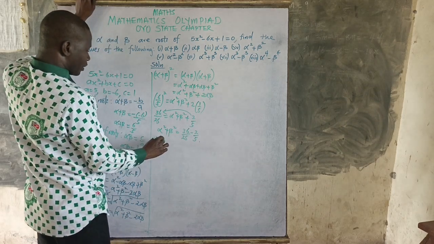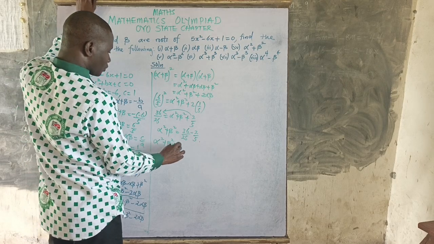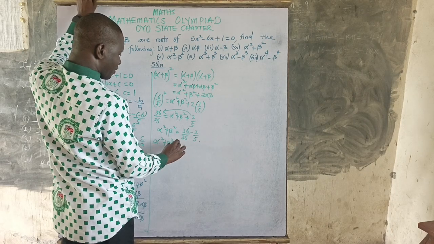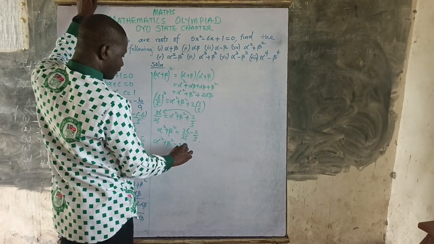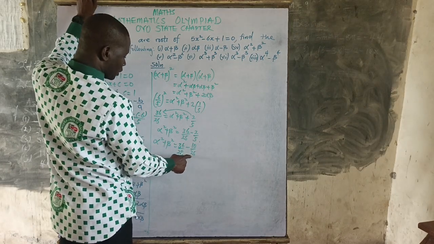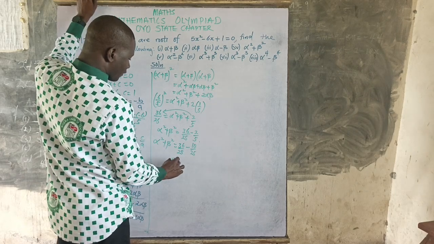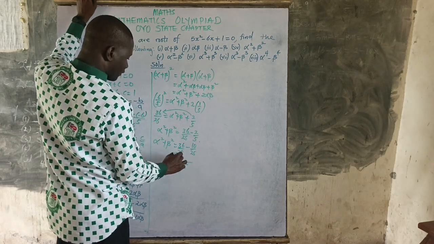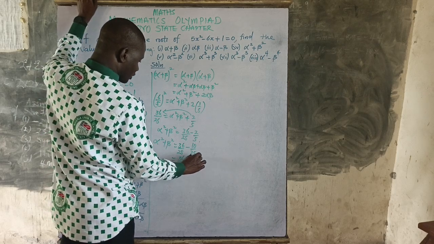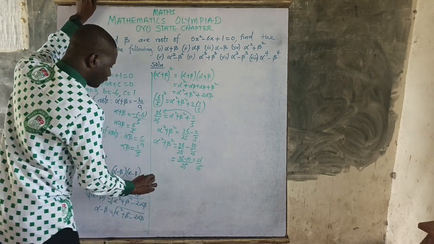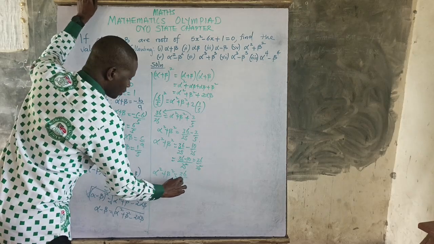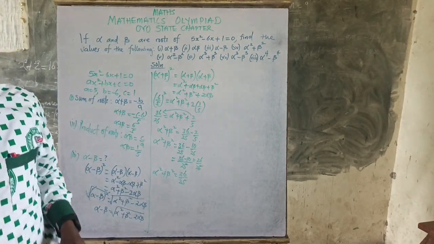To make the denominator 25, multiply numerator and denominator by 5, giving 36/25 minus 10/25. We have common denominators now, so we pick 25 and simplify the numerator, 36 minus 10, which gives 26/25. Therefore alpha squared plus beta squared equals 26/25.